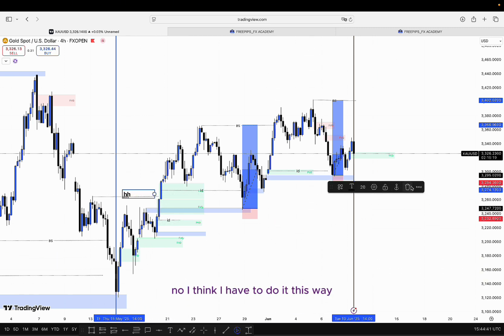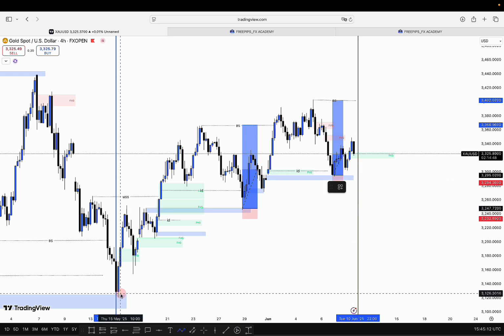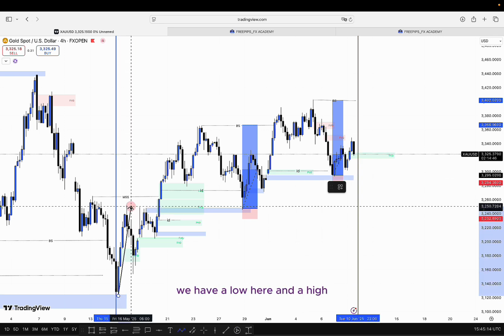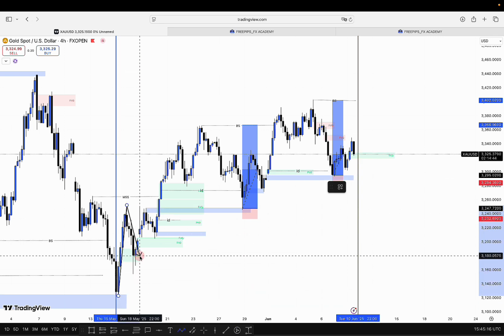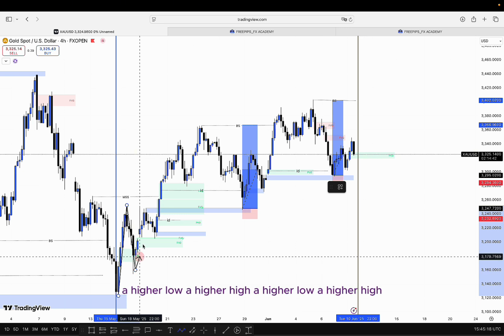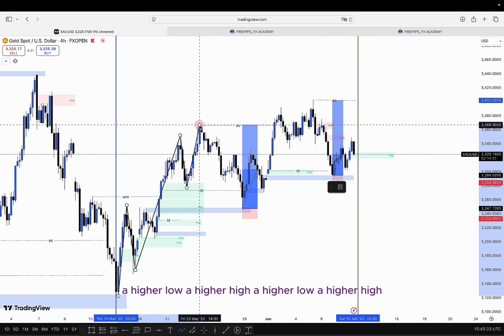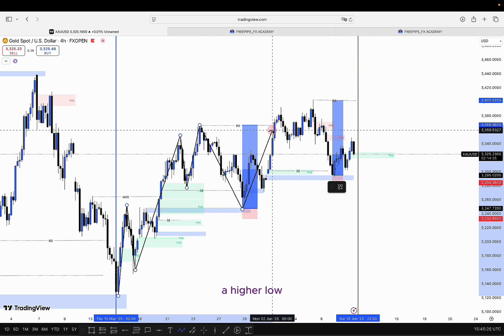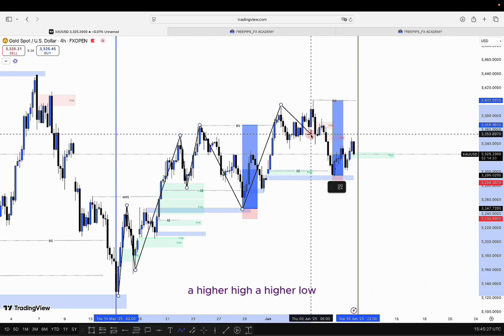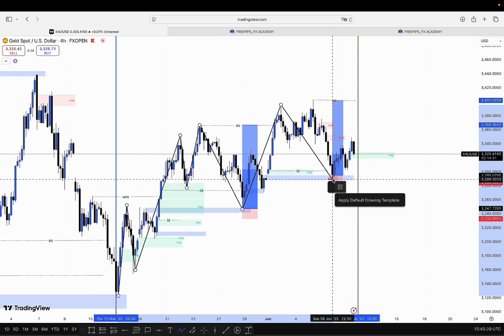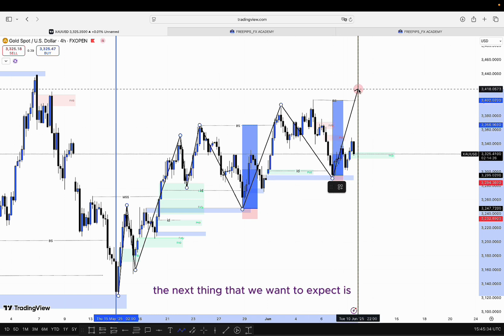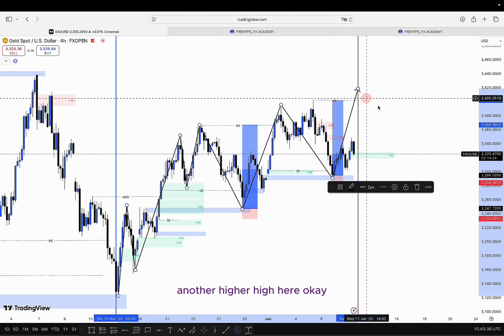We have a low here and a high, a higher low, a higher high, a higher low, a higher high, a higher low. The next thing that we want to expect is another higher high here.